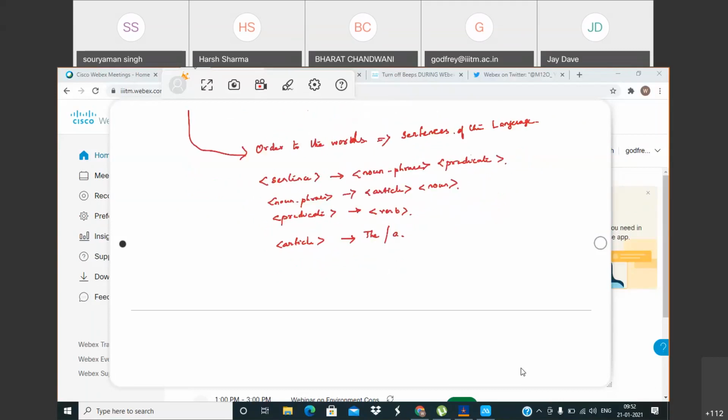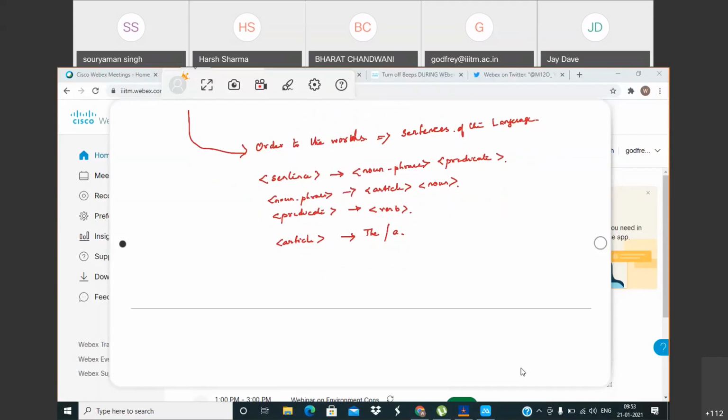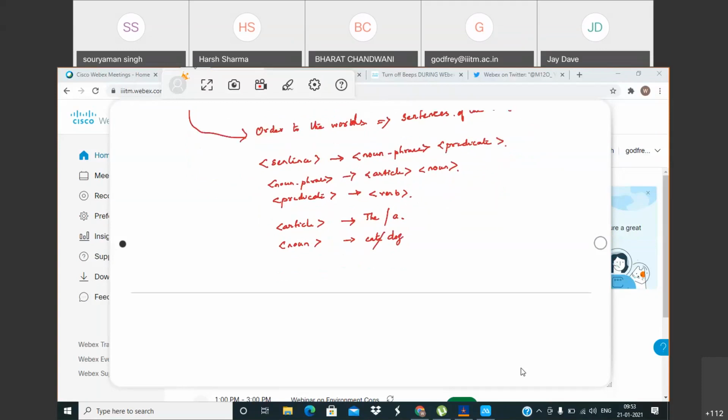In a noun, you have words like cat, dog, and in a verb, you have words like run.